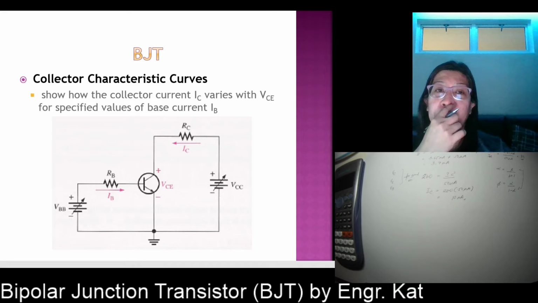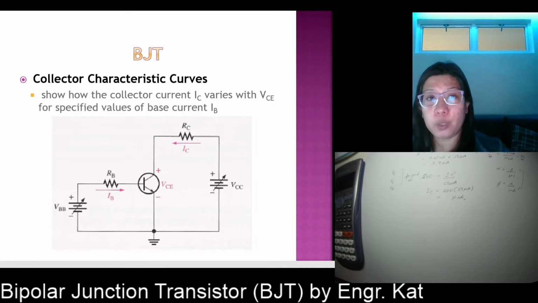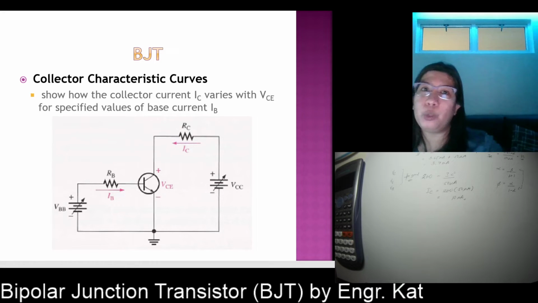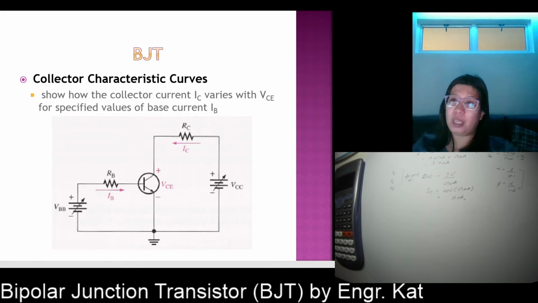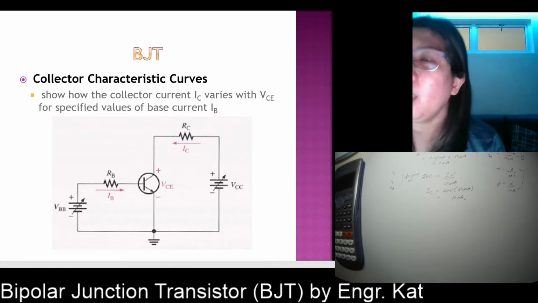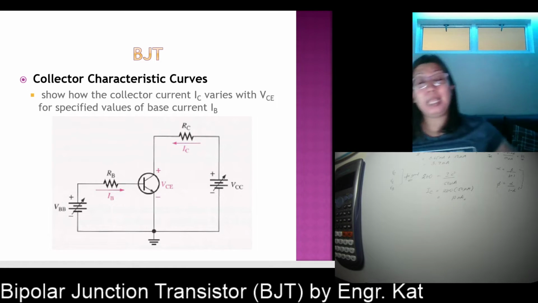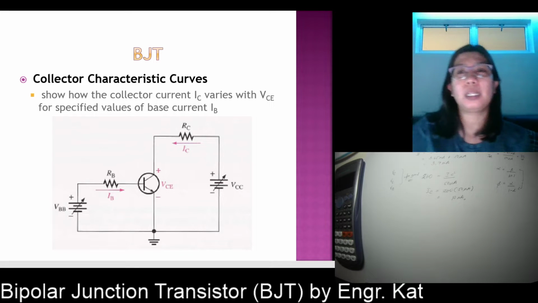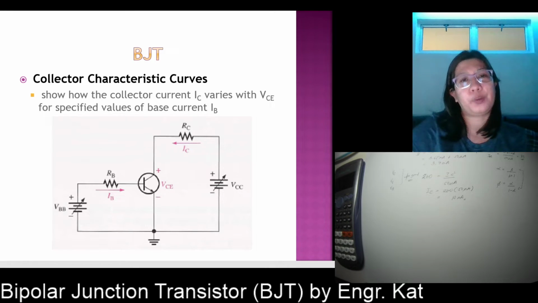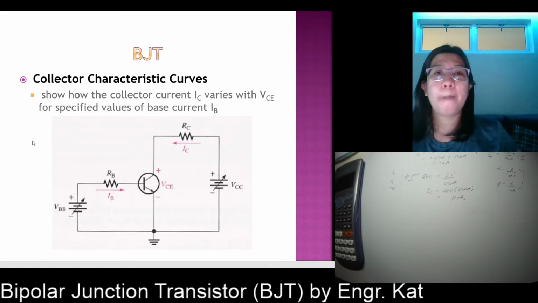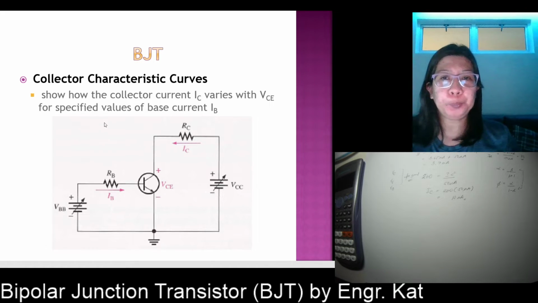So we have here the collector characteristic curve. What do we mean by the collector characteristic curve? This shows how the collector current IC varies with your VCE for specified values of your base current. Just like in a diode, where we have the diode characteristic curve, we also have a characteristic curve for a BJT.